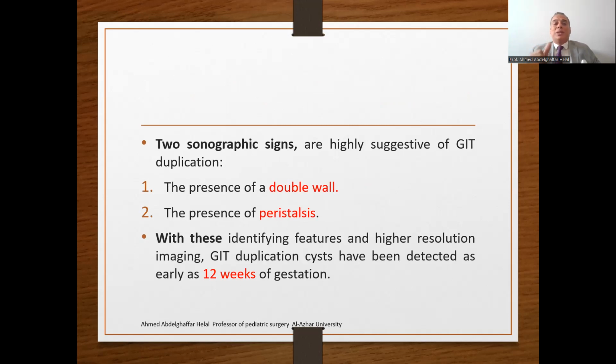Number one, the double wall sign. Number two, the presence of peristalsis. With these features, the diagnosis has been described as early as 12 weeks of gestation. So antenatal care is very important for diagnosing this congenital malformation.